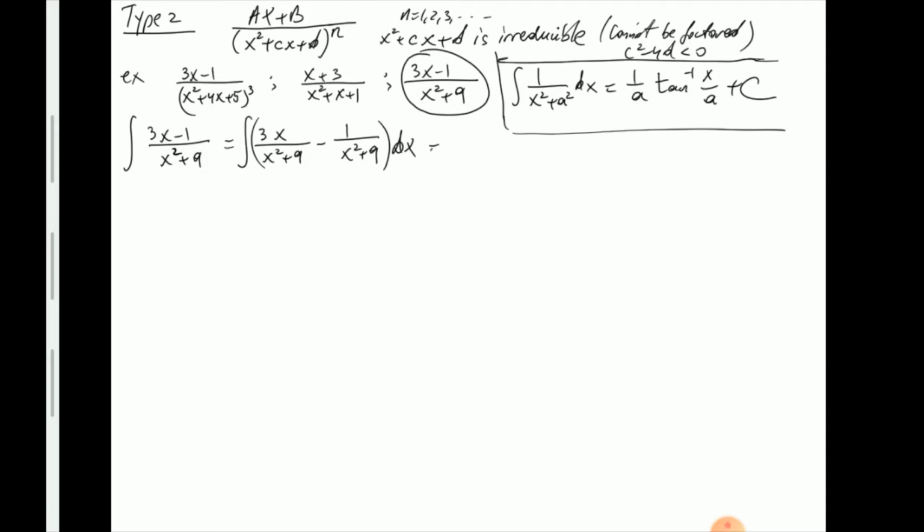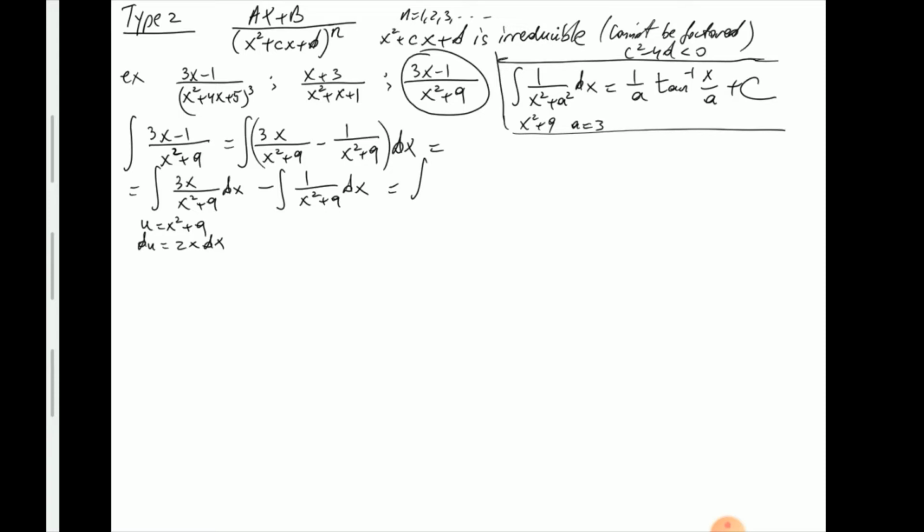So when we split this integral into two pieces, the first one will work with the u substitution if you look carefully, and the second one is an arctangent with a equals 3. So if you match x squared plus 9 with a squared, a will be 3 in that last part. Here you could do for the first one a quick u substitution. u equals x squared plus 9, du equals 2x dx.